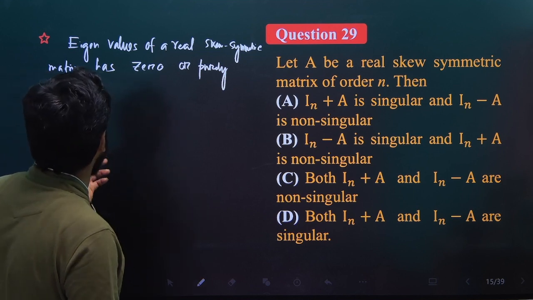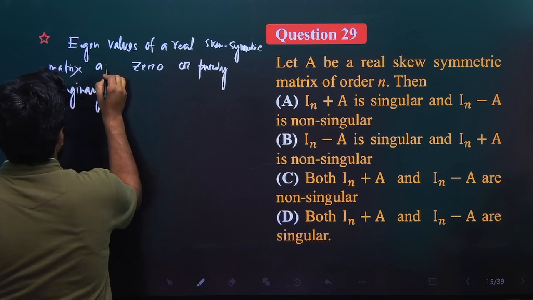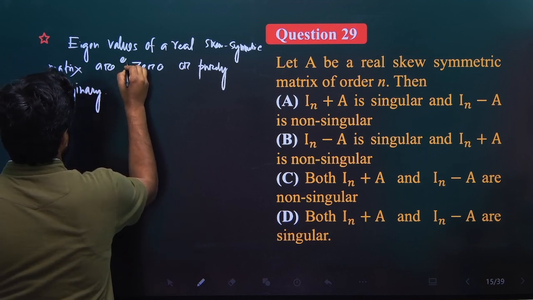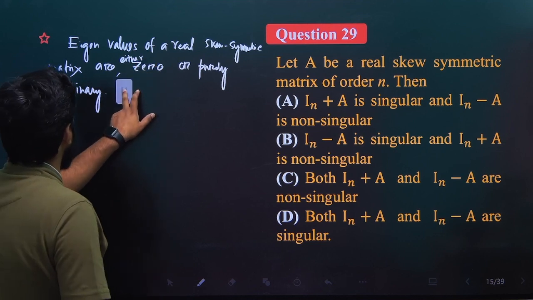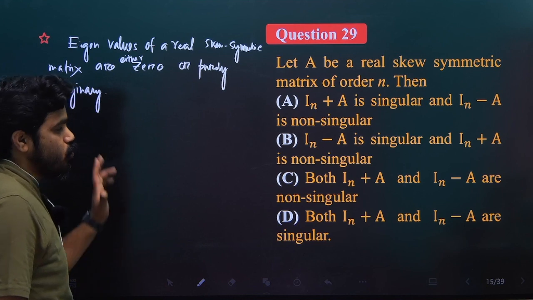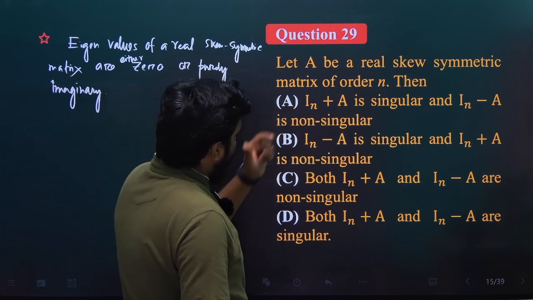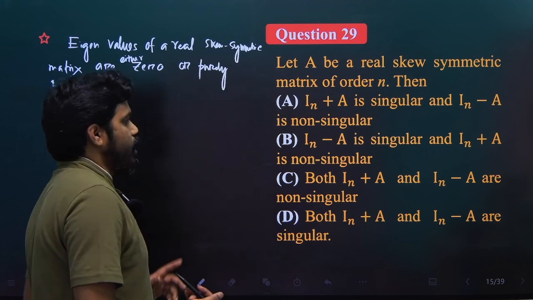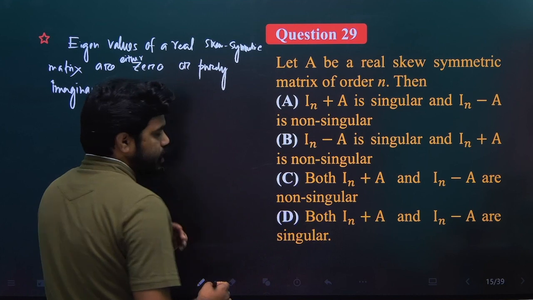Right? We have to calculate I_n plus A and I_n minus A. Just see, what is I_n? I_n is the identity matrix.